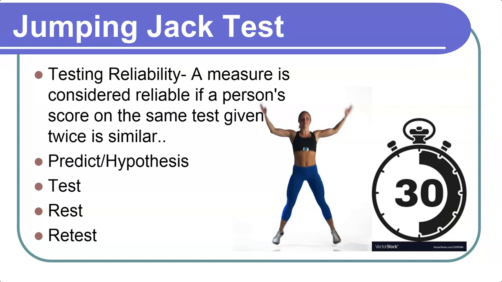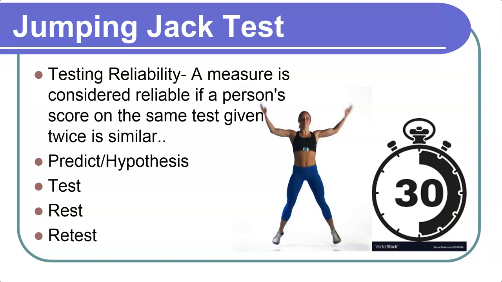So I say on your mark, get set, go. And you begin to do your jumping jacks. And then when 30 seconds are up, I stop the clock and we've counted that you've done 49 in 30 seconds. I give you a few minutes to rest, and then I retest.